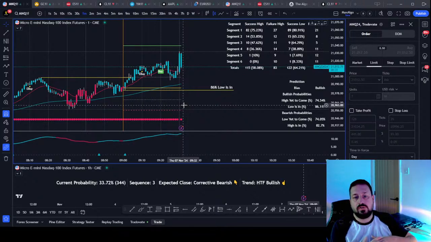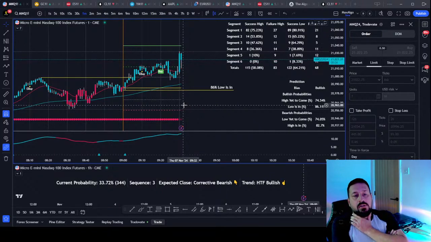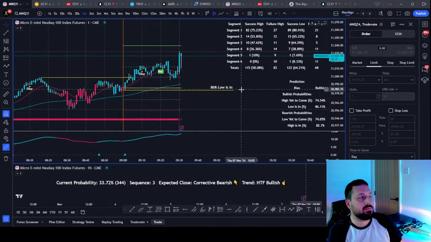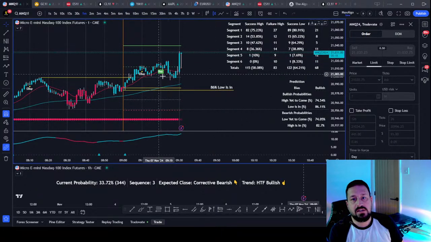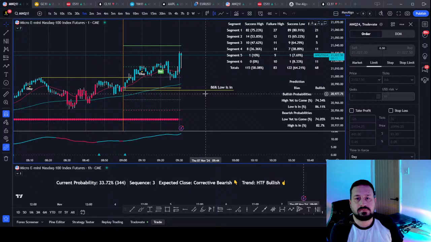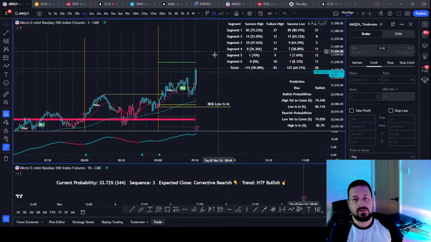We're in our 4th segment, or we've got 2 more segments left, with still very high probability on the daily that we're going to put in further highs in the last segments of the day. So obviously, potentially from having a sequence 1 on the daily, we could have a very bullish day. So obviously we were waiting for New York to show us that potential.